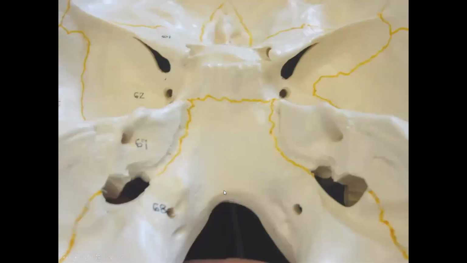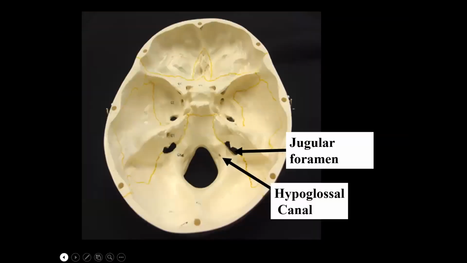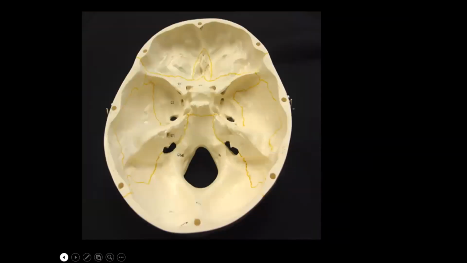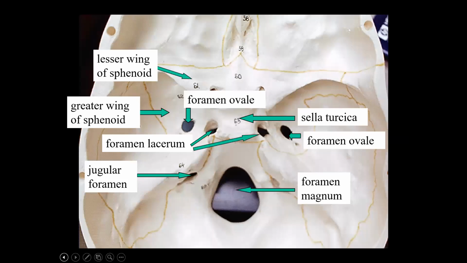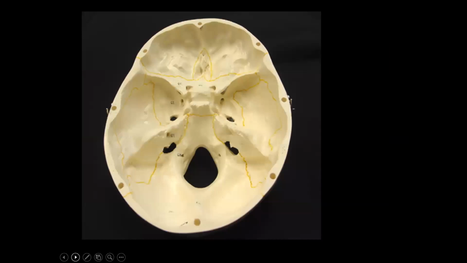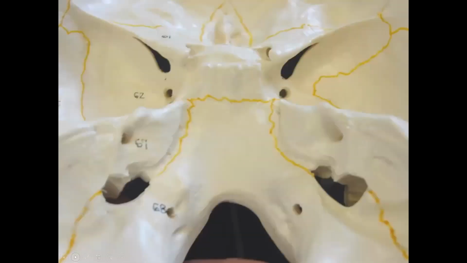Now this is a perspective. This is the same view we had earlier here, when we're looking down on the sella turcica, except now, there's the sella turcica. But now we've taken the skull and we've tilted it down at a 45-degree angle. So what we're looking at now is there's the sella turcica right there.